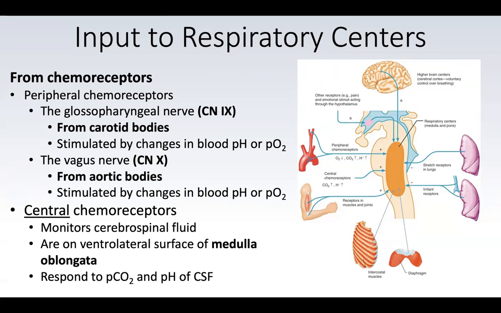Please know that the peripheral chemoreceptors for cranial nerve number 9 are in the carotid bodies, essentially where the carotid arteries are. And then for the vagus nerve, the chemoreceptors are found in the aortic bodies. There are central chemoreceptors that will monitor changes in the cerebrospinal fluid, not blood, the cerebrospinal fluid, and they are located on the medulla oblongata.